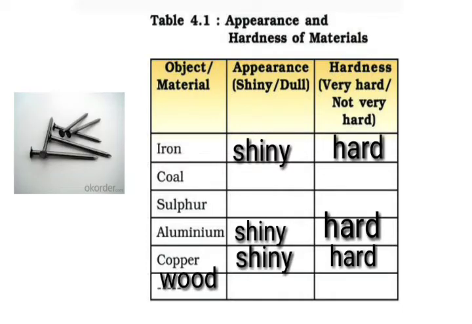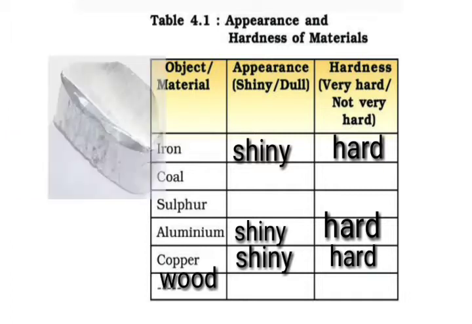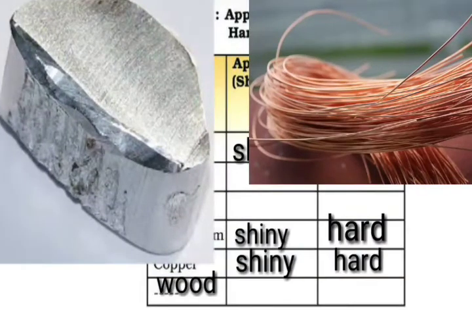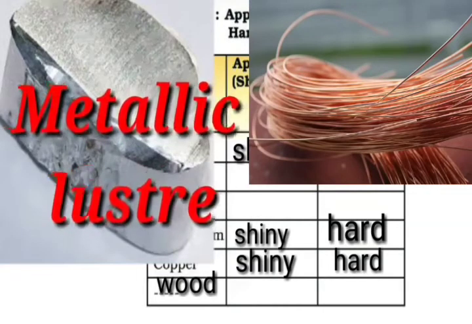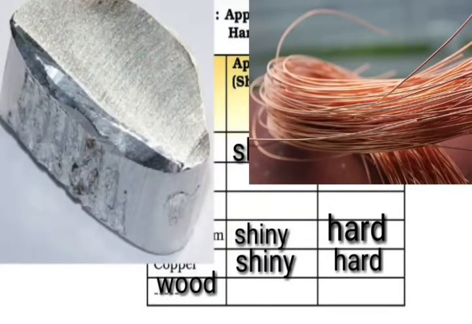If you take the metals like iron, aluminium, and copper, when you cut these metals, you can see it is shiny and they are hard also. So metals are shiny and hard. The shiny appearance of the metals is called metallic luster. So the metals are lustrous.